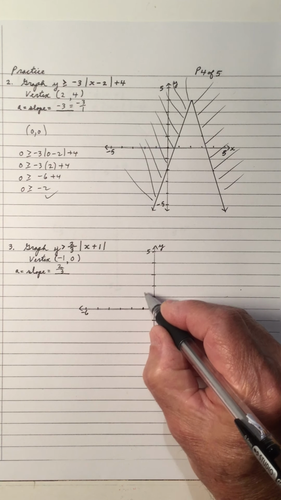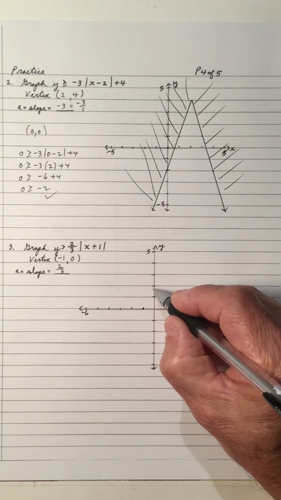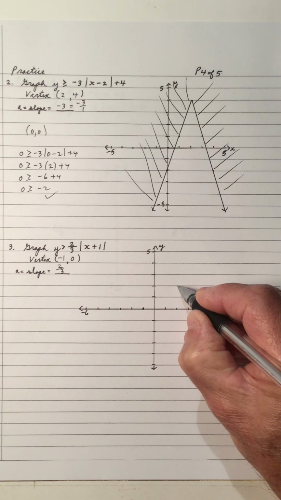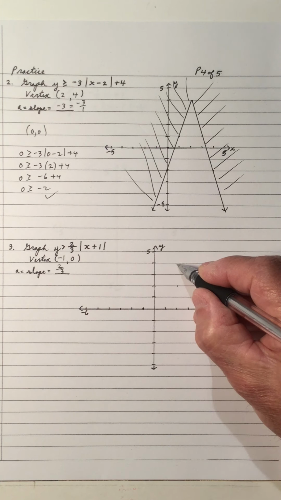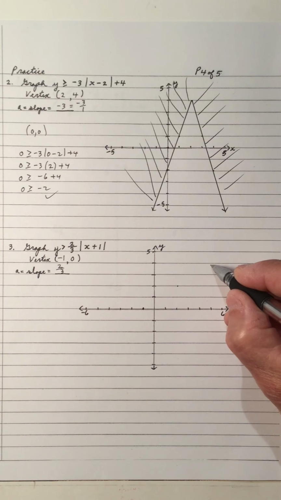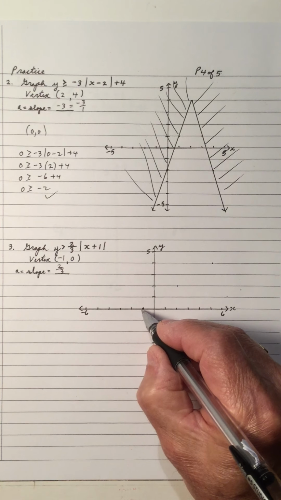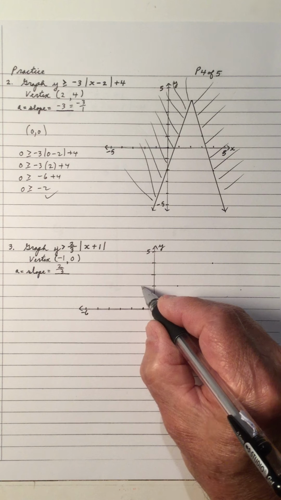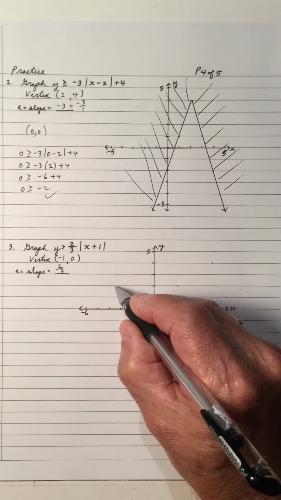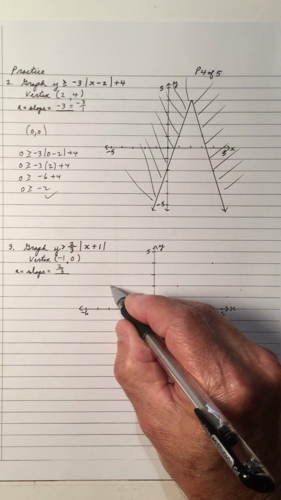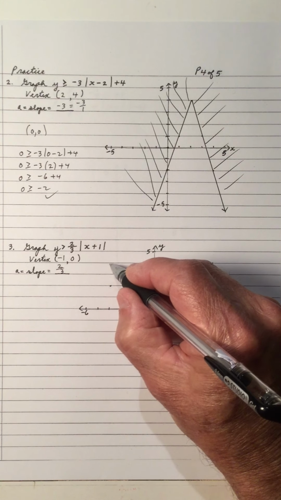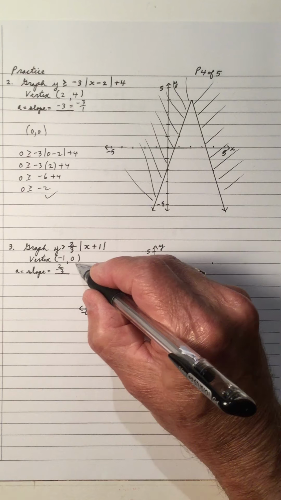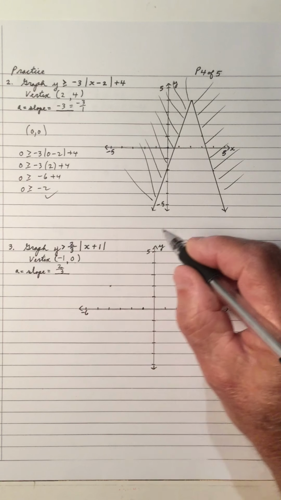And we go up 2, right 3, and now we go up 2 to the left 3, and this is just an approximation.